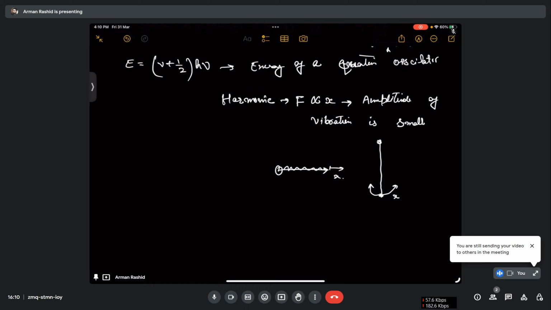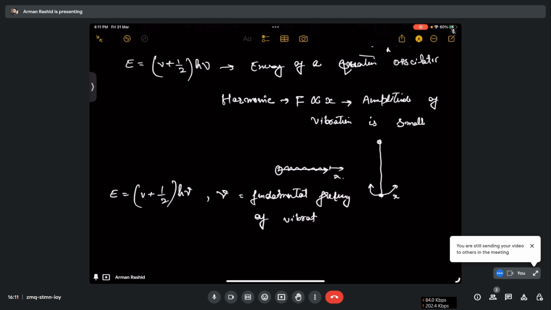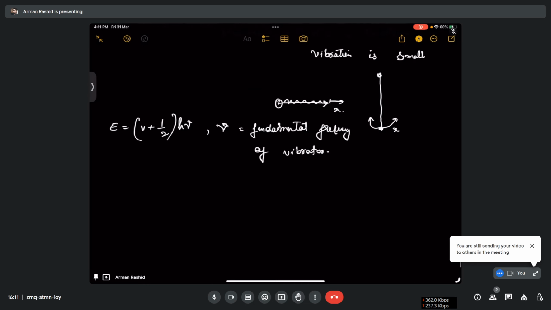Now we have seen the energy of a harmonic oscillator is given by (v plus 1 by 2) h nu, where nu is the fundamental frequency of the vibrator.